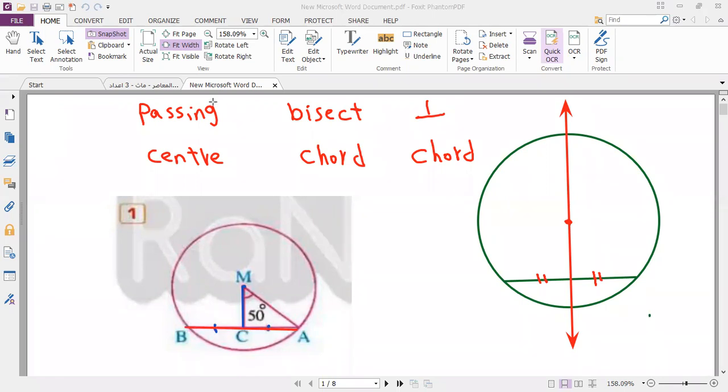So this line is going to be perpendicular to this chord. So this angle is 90. What is the size of angle A? This angle is 50, and this angle is 90. So the size of angle A is going to be 40 degrees. That's it.